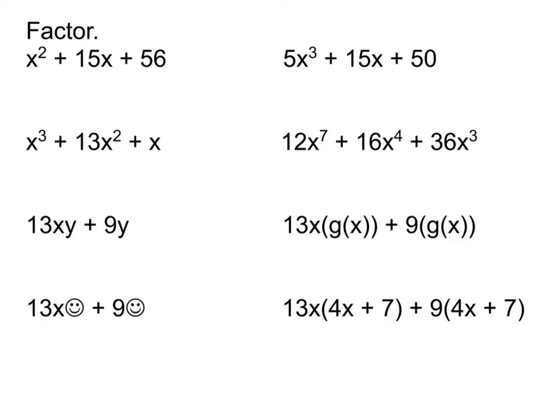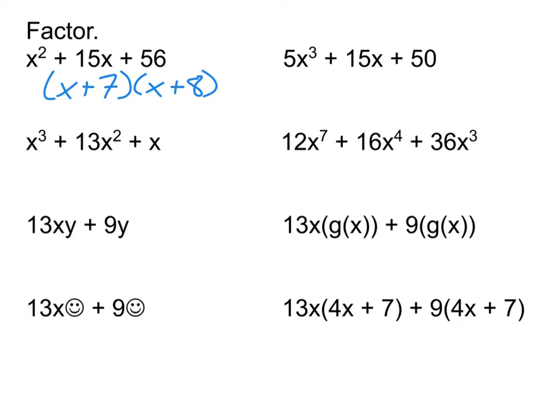That's my method. And so what adds to 15 and multiplies to 56? 7 and 8. And so then my final answer is x plus 7 times x plus 8. Or x plus 8 times x plus 7. Remember, the order of the parentheses doesn't matter. And again, I knew to do that because it started with the x squared.